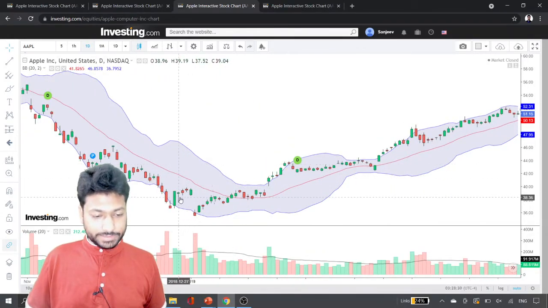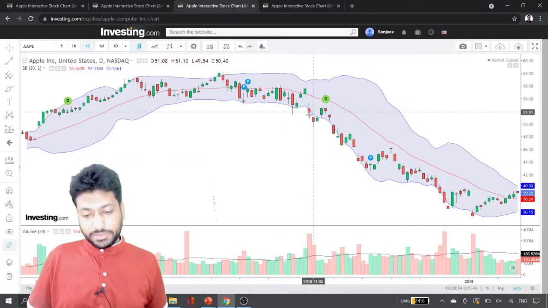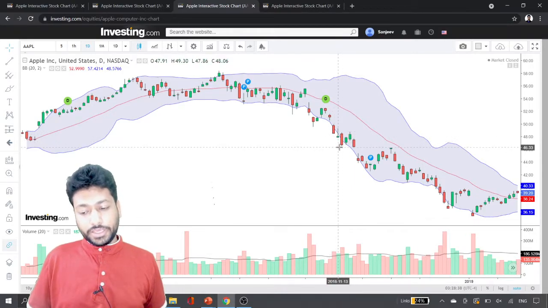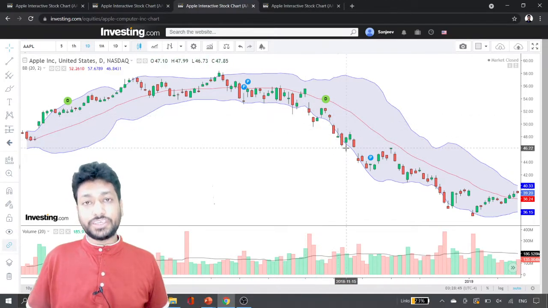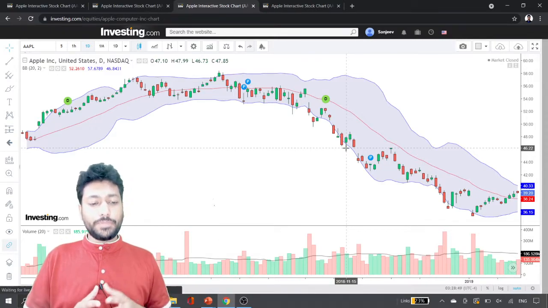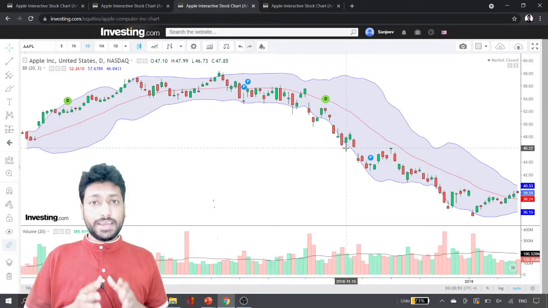So let's see this particular area. If you see this particular area, these candles are outside the Bollinger Bands, and this is a continuity showing that the prices are outside these ranges. So once the prices are outside these ranges for 2 to 3 candles or 4 candles for a particular time frame, whatever time frame you are using, you can simply say that it's reflecting a continuation of trend.